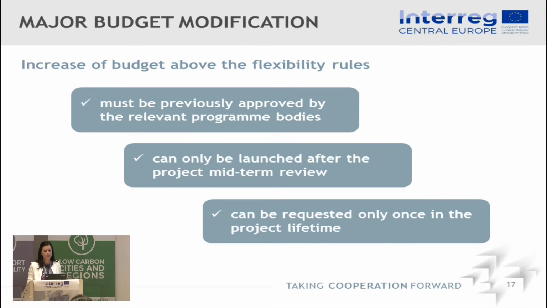But also, this can only be launched after the project midterm review. So until the project midterm review, your modifications must remain within the flexibility rules for minor budget modifications, and you cannot increase beyond these thresholds, because major budget modifications are only possible after the midterm review, and you can only request this once.